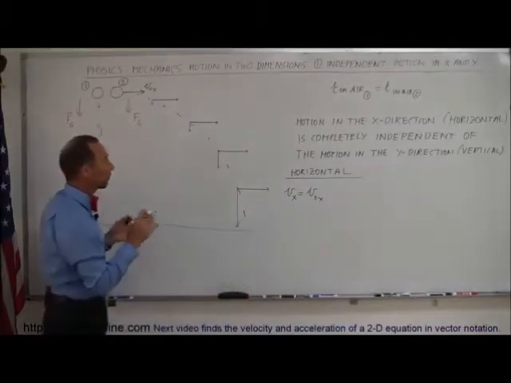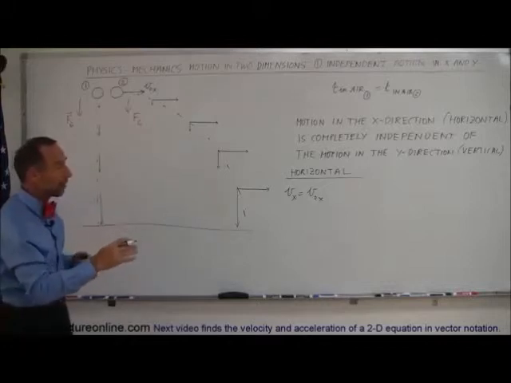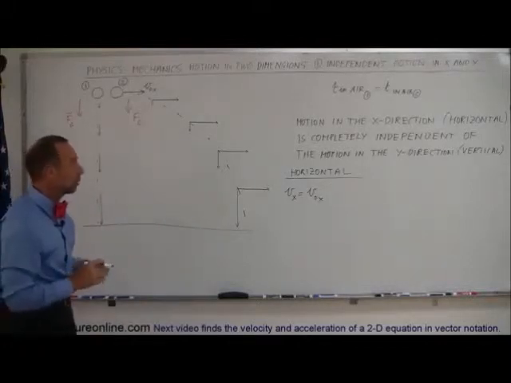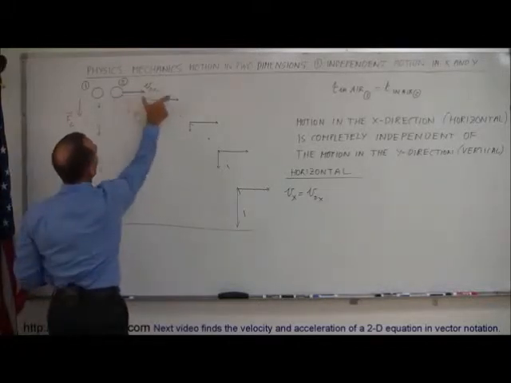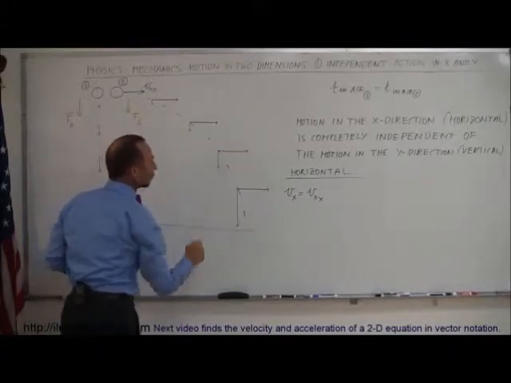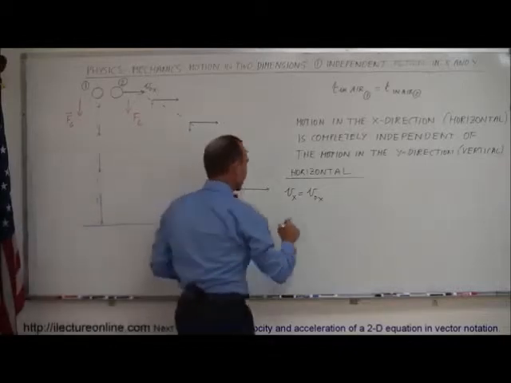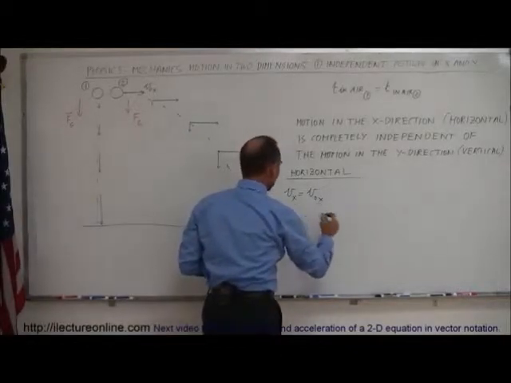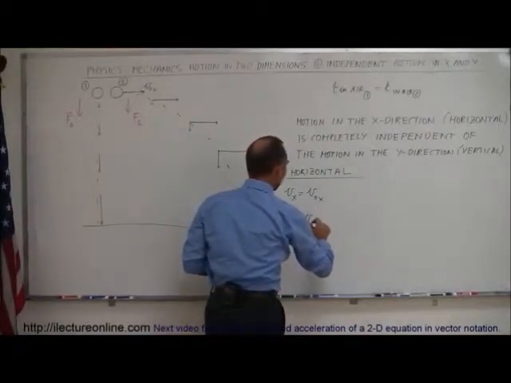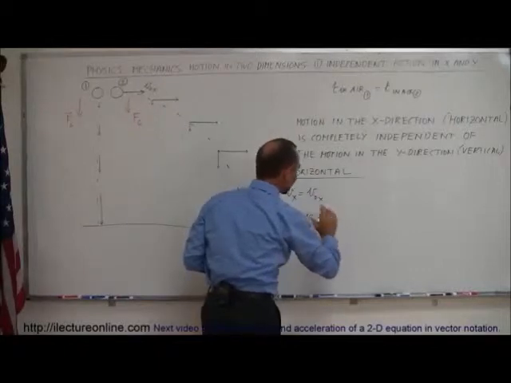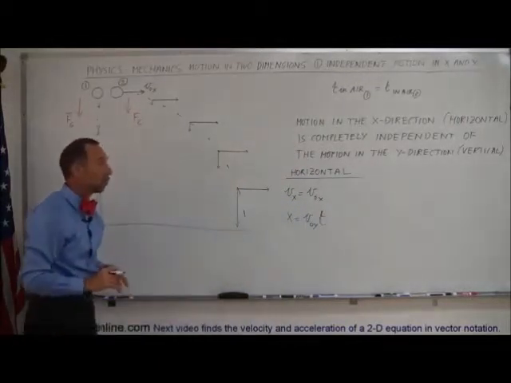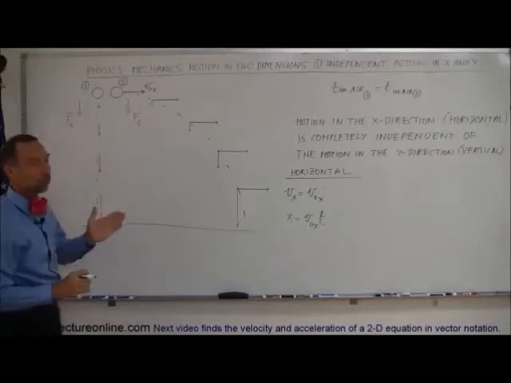Whatever the initial velocity was in the x direction, it will maintain that velocity throughout its entire motion. Notice that the arrow in the horizontal direction doesn't change. That represents velocity in the x direction. The distance traveled in the x direction is simply equal to the initial velocity in the x direction times the amount of time that the object stays in the air, which is determined by the vertical motion only.